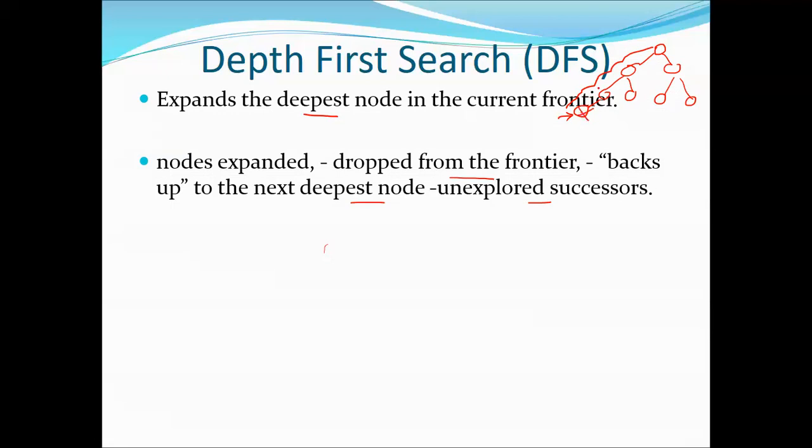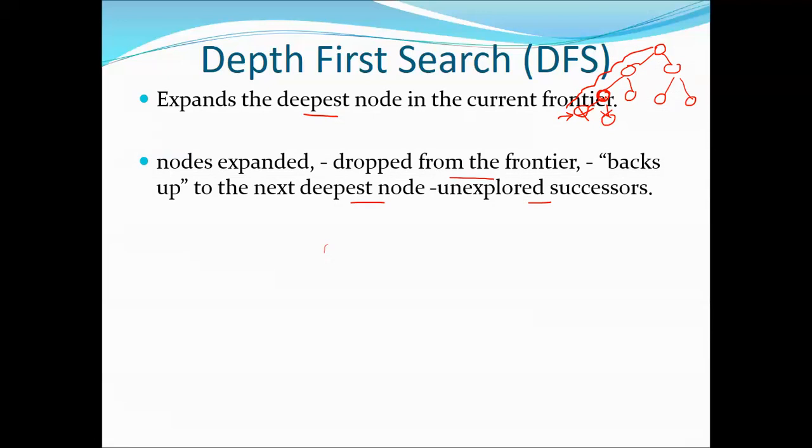Then again, the algorithm will take the next node. Now automatically this node will be the top element in the frontier. This node will be further expanded if it has any other child. If it does not have another child, then again check whether this is the goal state.